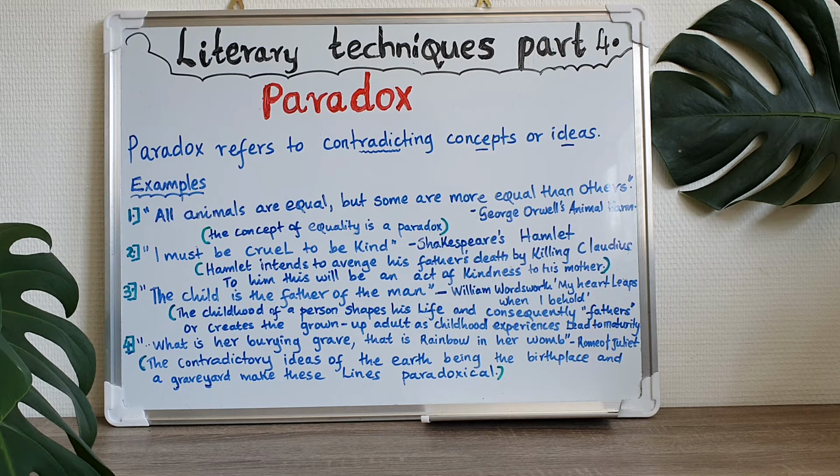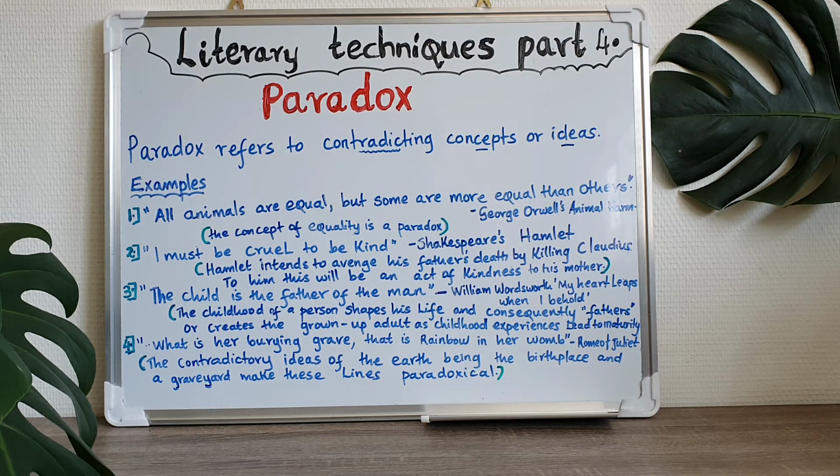Now, in this example, you may ask yourself, so what is the use? Why do writers use paradox? Why did George Orwell decide to use this paradox in his novel Animal Farm?